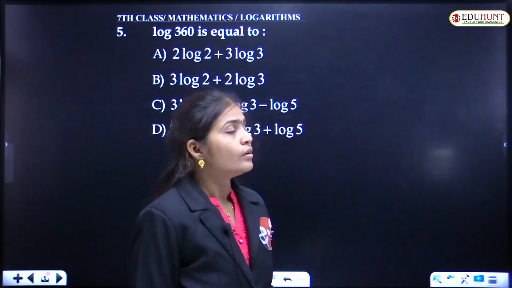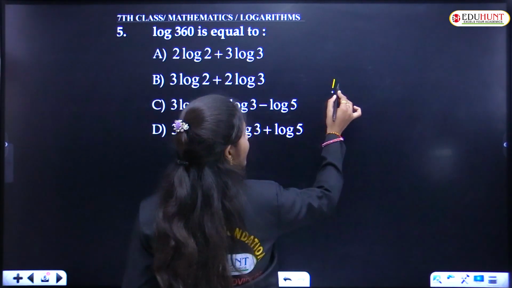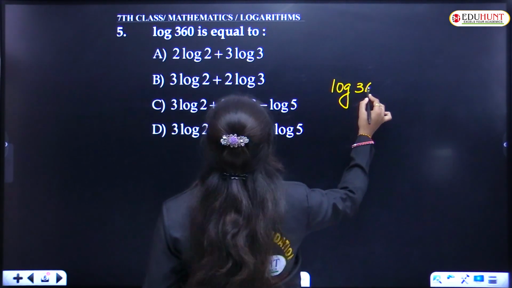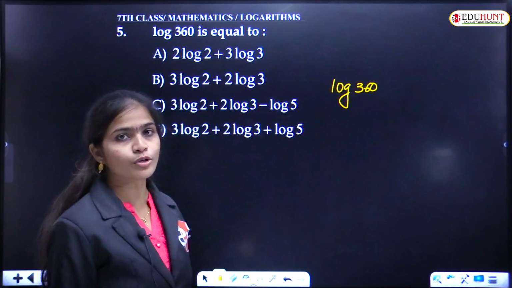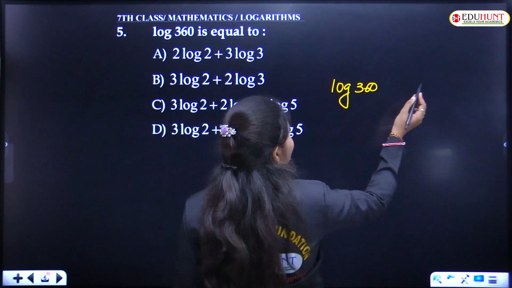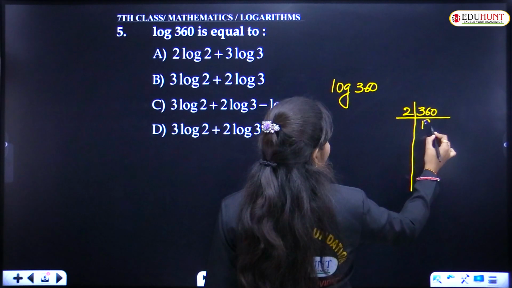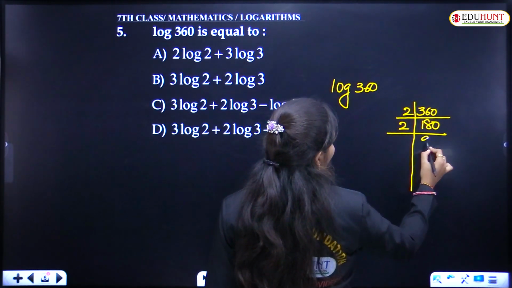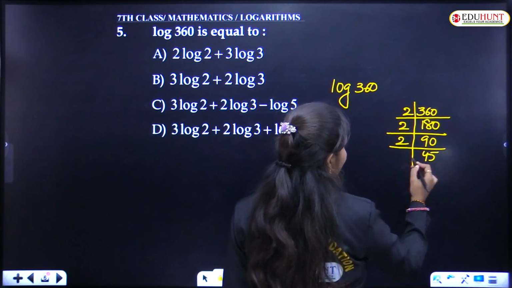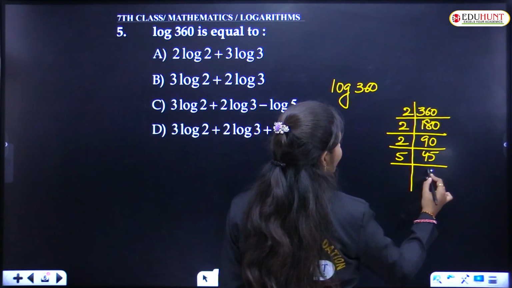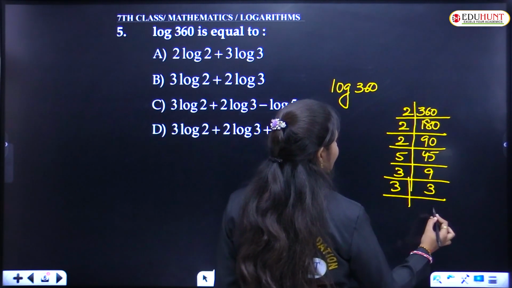Yes, see here. So log 360 is equals to, they have given only one value, log 360, just like that second question. We need to find the log 360 value. Again that form is there in logarithms only. So see here, 360 we can write as 2 180, 2 90, 2 45, and here 5 9s are 45, 3 3s are 9, 3 1s are 3.